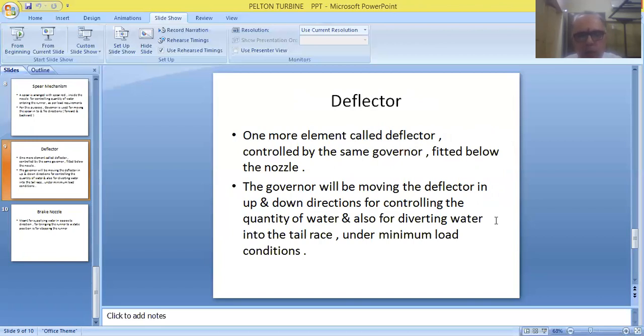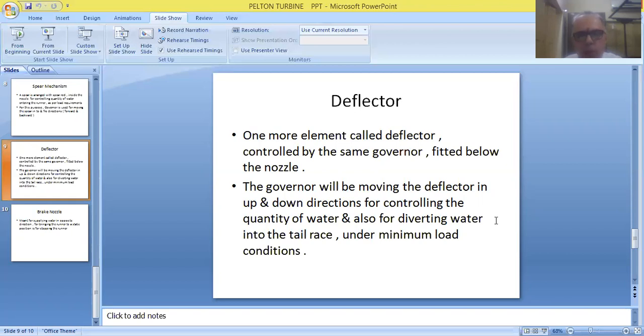While moving in the upward direction, it will be sending less quantity of water. While moving in downward direction, it will be sending more quantity of water.